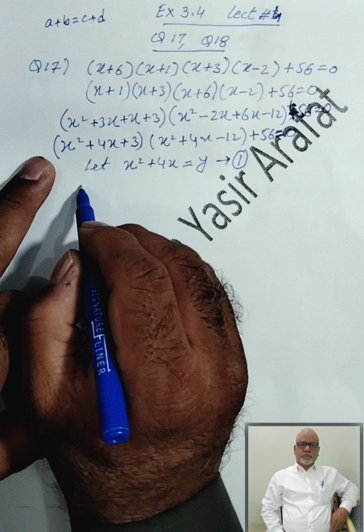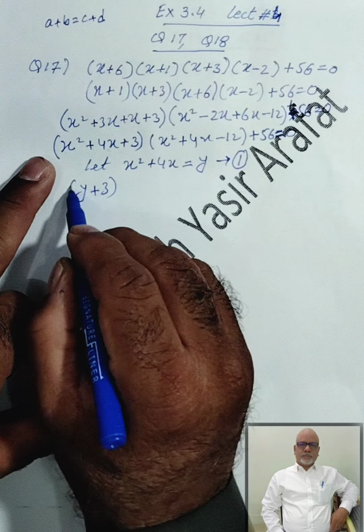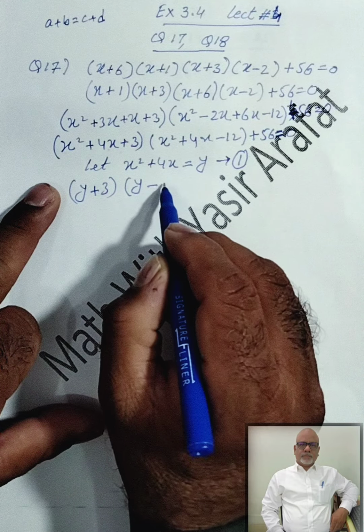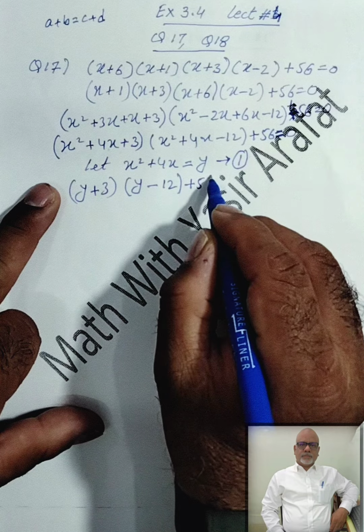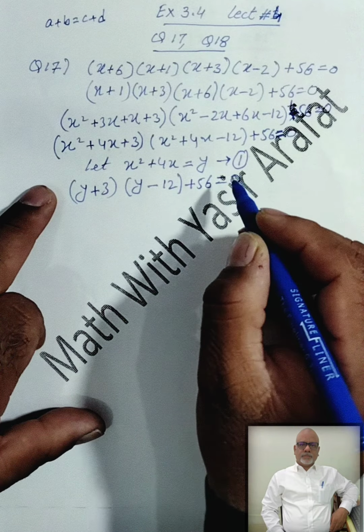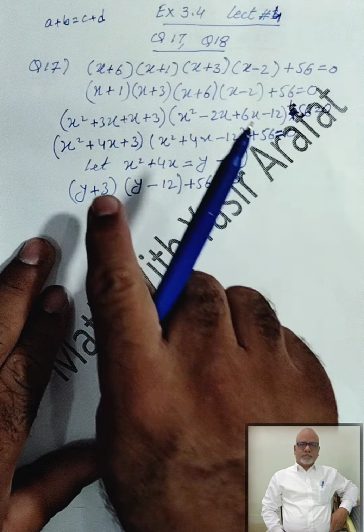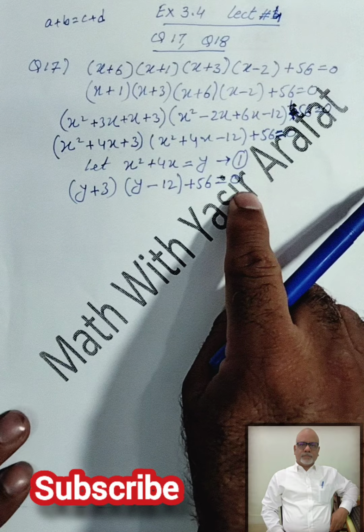So this is y plus 3 and this is y minus 12 plus 56 equal to 0. So this is (y+3)(y-12) plus 56 equal to 0.